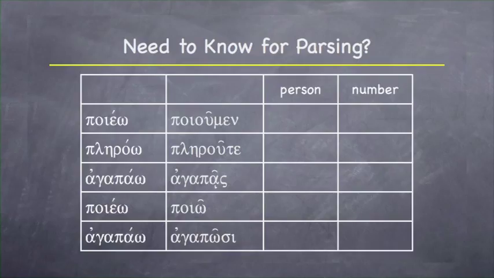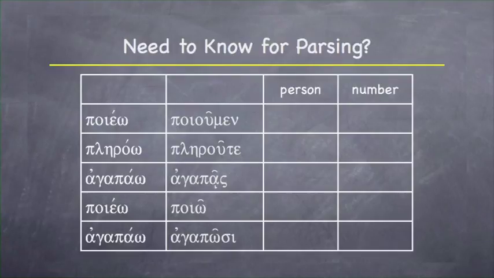So let me give you a couple of examples. Let's say you came across the form poiumen. Okay, what is it? Well, you will have memorized the lexical form poieo, means I do or make, like I said. And you would look at poiumen and you would go, well, this is from poieo. The men tells me it's a first person plural, so it's a first person plural form of poieo.